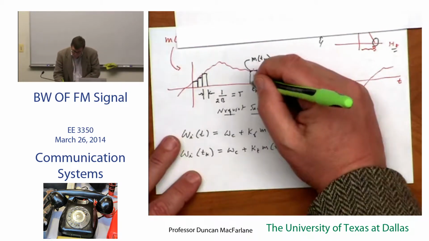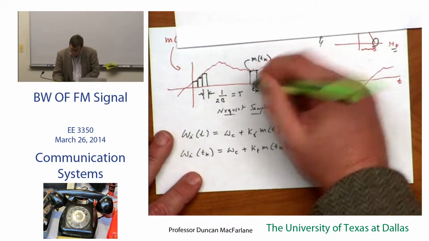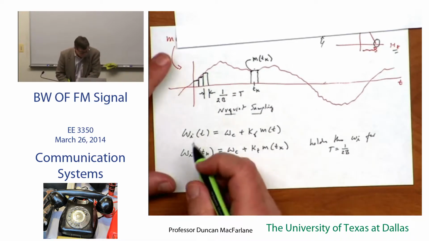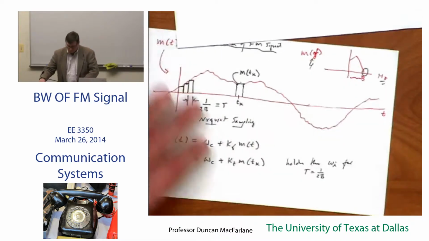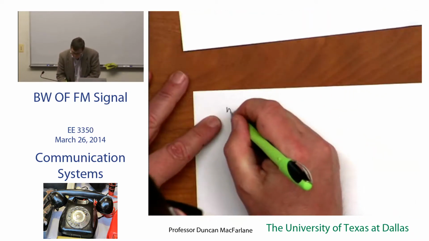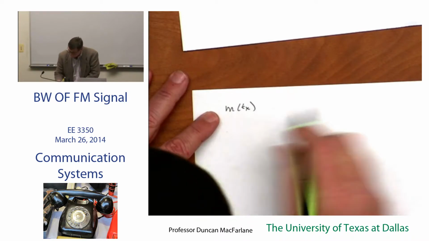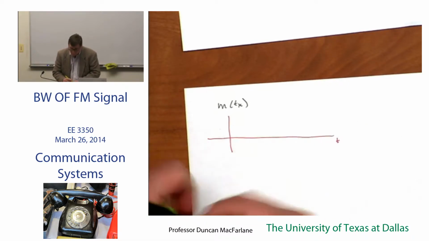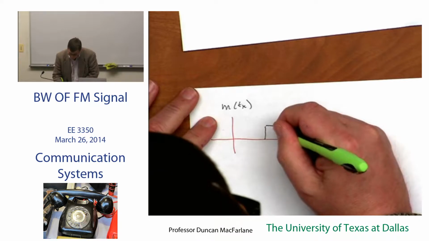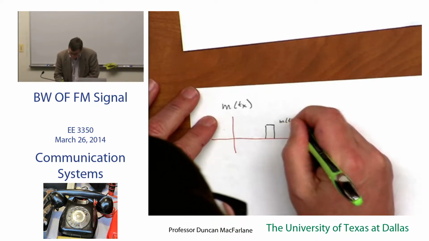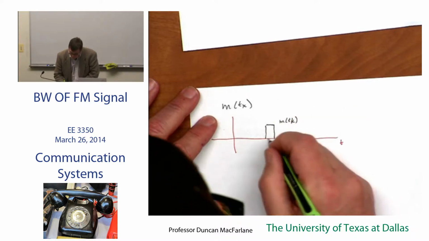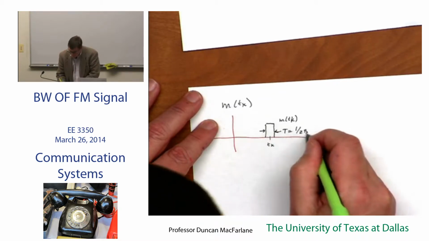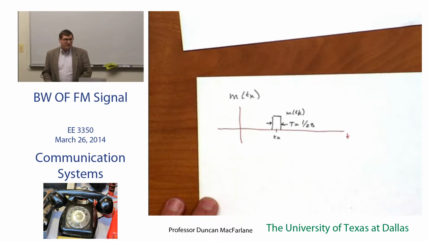Now, if I Fourier transform just this little cell here, just this little rectangle, there's my cell, there's my little cell.